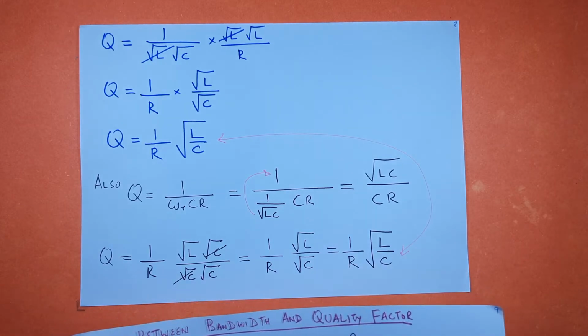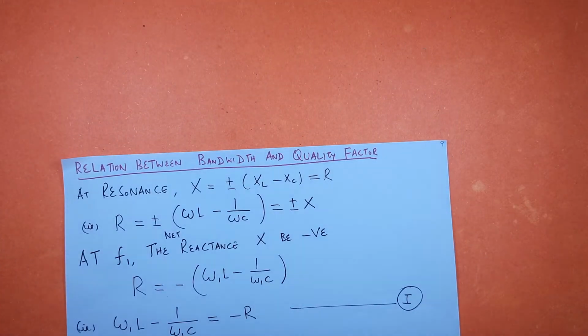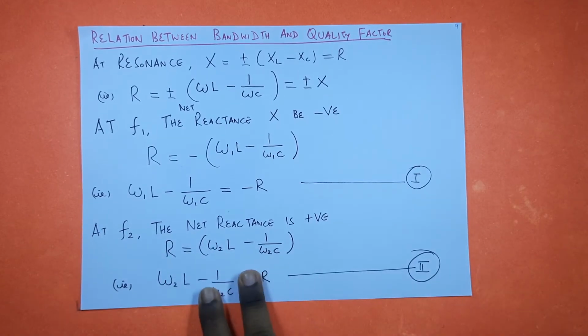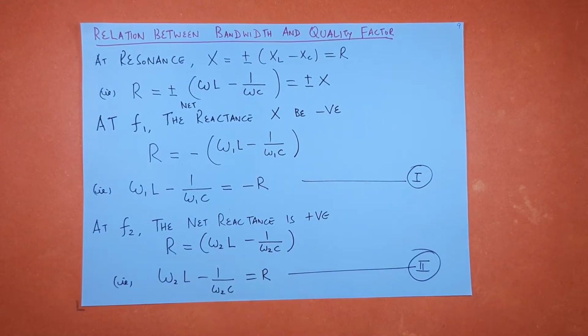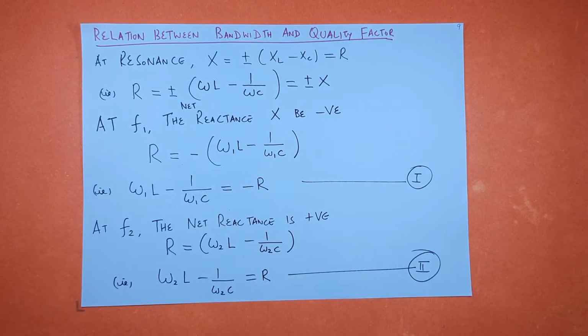Next we shall see how this quality factor and the bandwidth are related with each other. So I can say it is the relation between bandwidth and quality factor. At resonance, the net reactance X is equal to plus or minus XL minus XC, equal to R. That is at resonance.